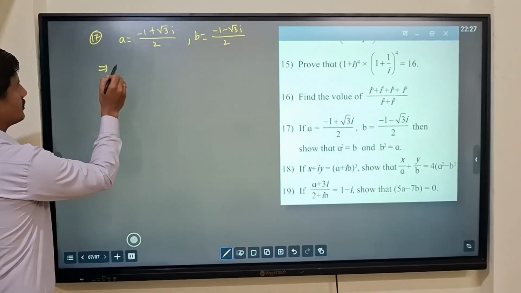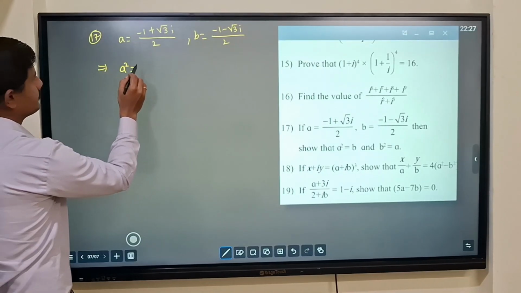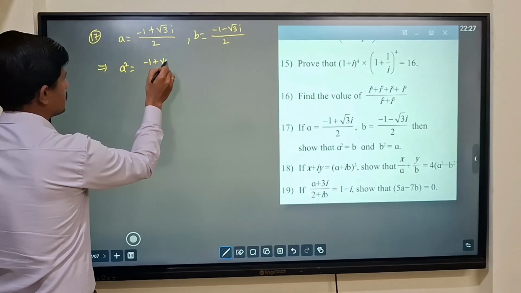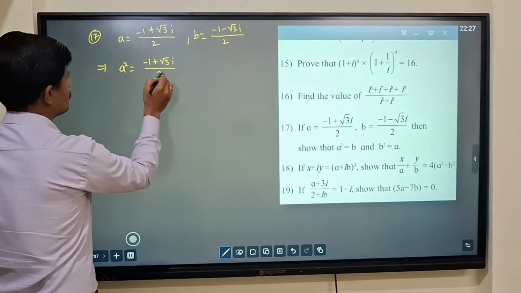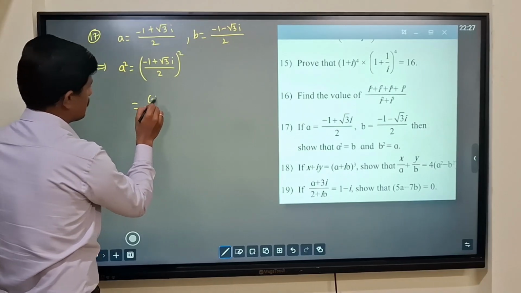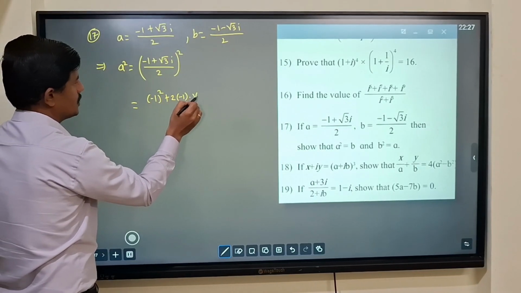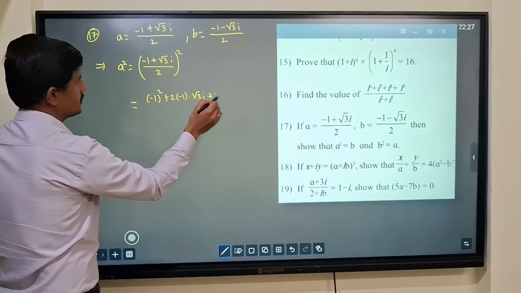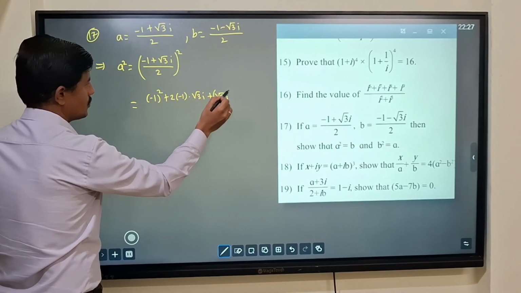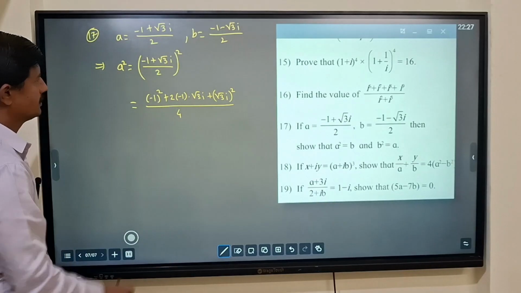Okay, so we will first find a square. a square is simply minus 1 plus root 3 i upon 2 whole square. So this becomes minus 1 square plus 2 times minus 1 into root 3 i plus root 3 i whole square upon 4.